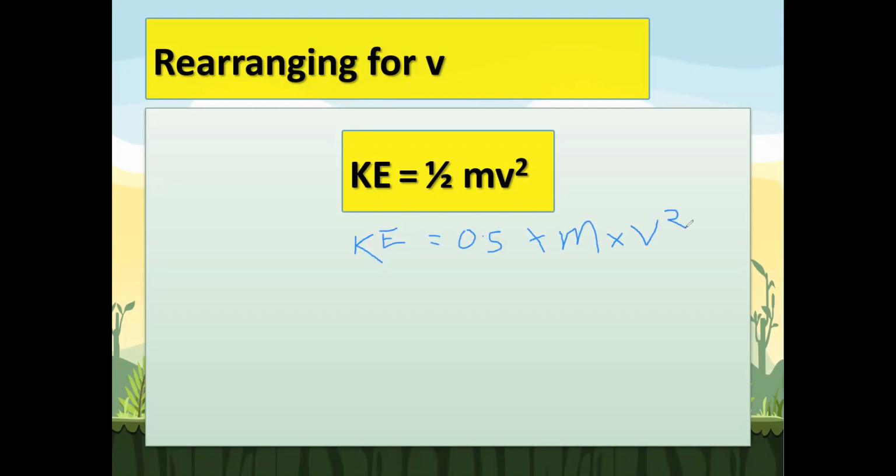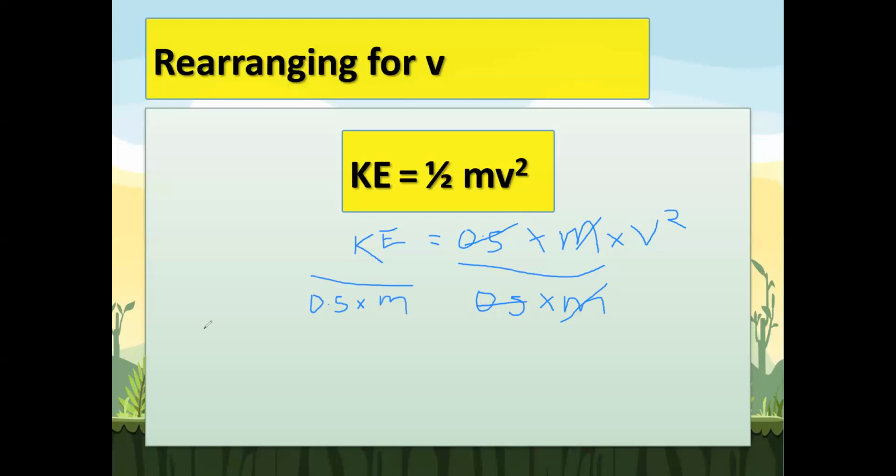Now we're going to make V the subject. So we divide all of this by that, and then all of this by that. Whatever you do to the right, do the same thing to the left. So we put 0.5 times M. This M takes this away, this 0.5 takes this away.